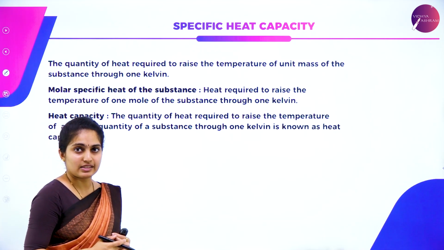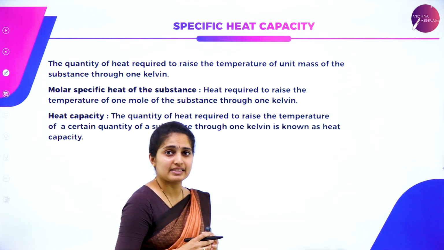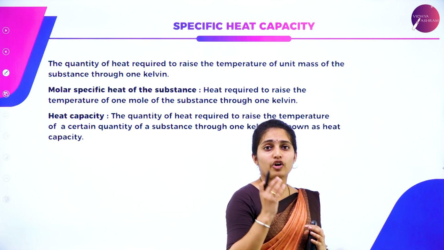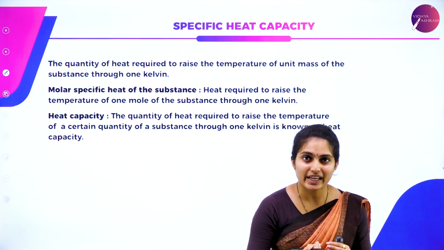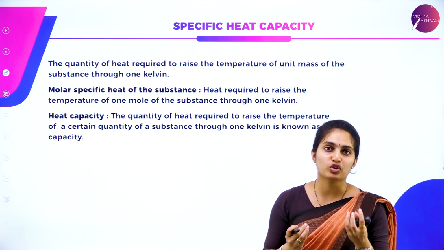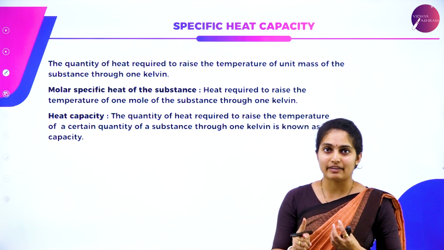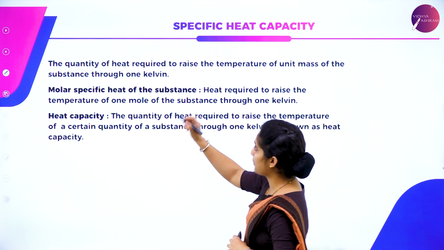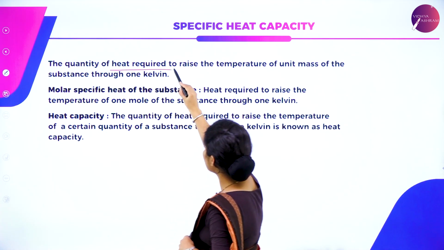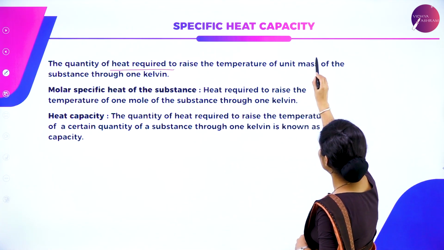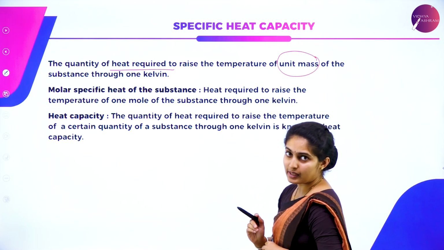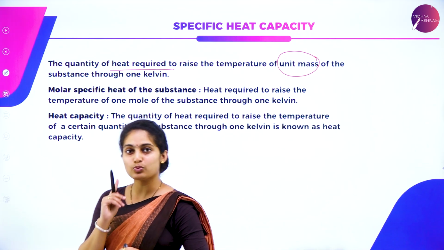Specific heat capacity. Heat capacity means the amount of heat required to raise the temperature of a certain amount of substance by 1 Kelvin. Specific heat capacity means the quantity of heat required to raise the temperature of unit mass of a substance through unit Kelvin, that means 1 Kelvin.